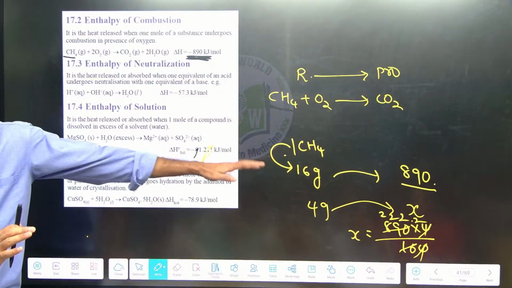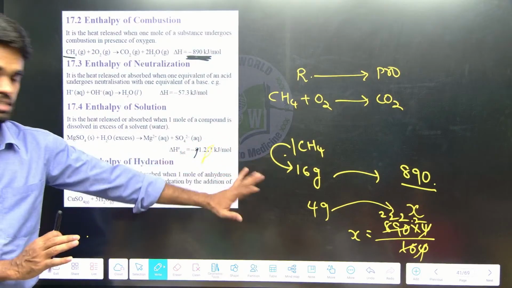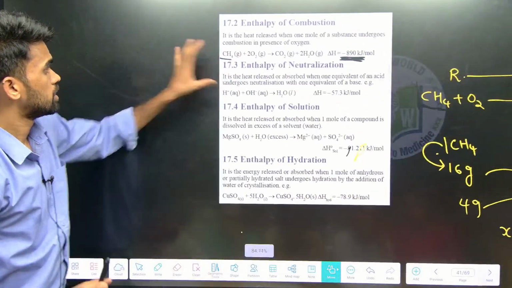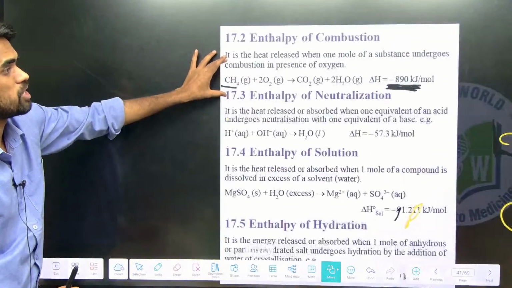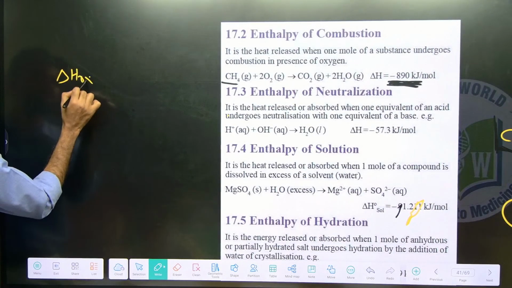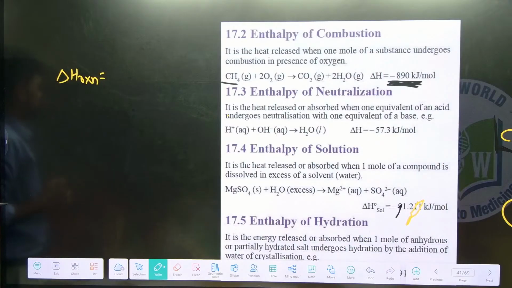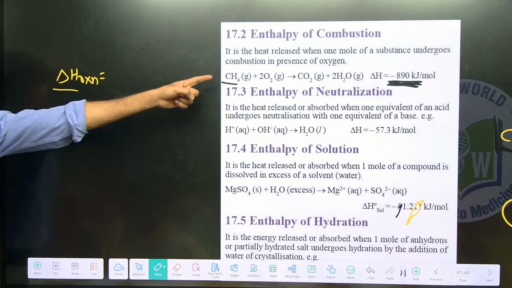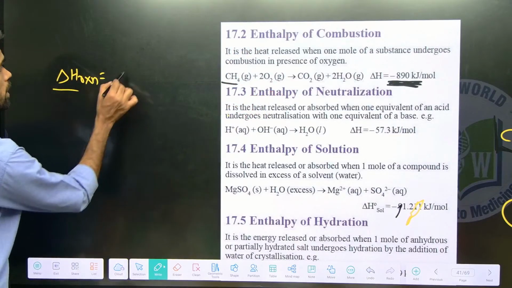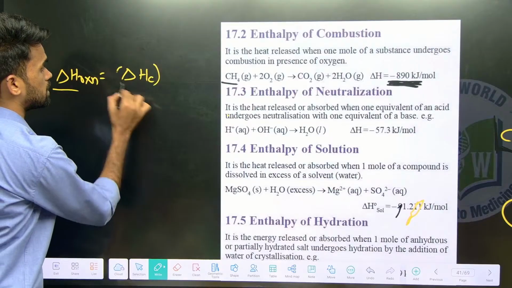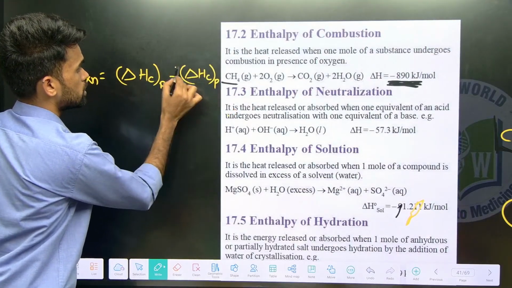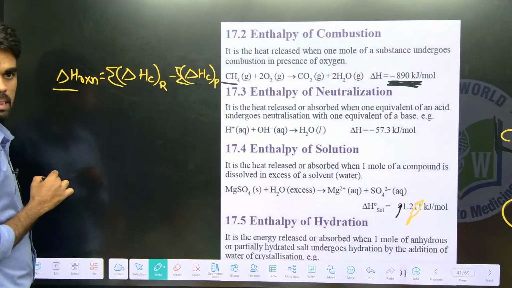Did you get what I am discussing here? First model question is this one. Next one. If I want to write enthalpy of reaction for combustion, how can I write? Who is undergoing combustion? So enthalpy of combustion of reactants minus enthalpy of combustion of products, with a summation like this.